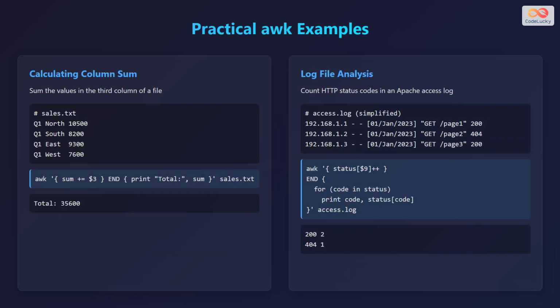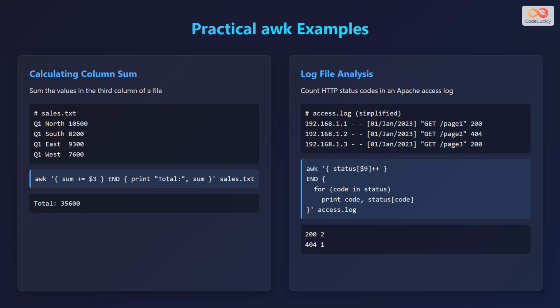awk can be applied to solve real-world problems. Consider the following examples. If you have a file containing sales data and you want to calculate the sum of the values in the third column, use the command awk, single quote, open curly brace, sum plus equals $3, close curly brace, END, open curly brace, print "total:", sum, close curly brace, sales.txt.